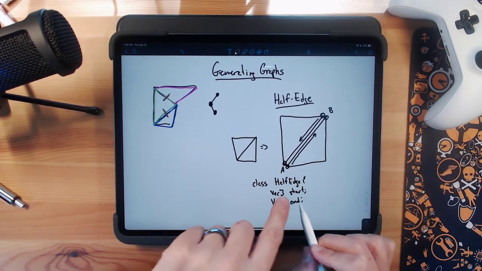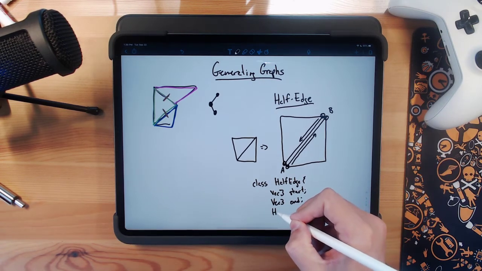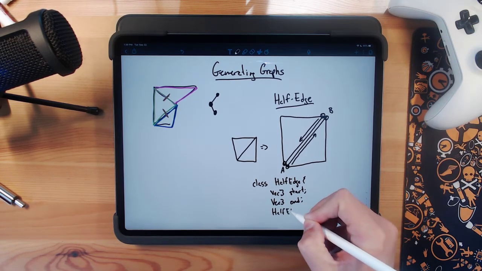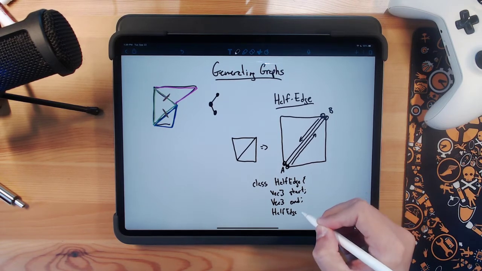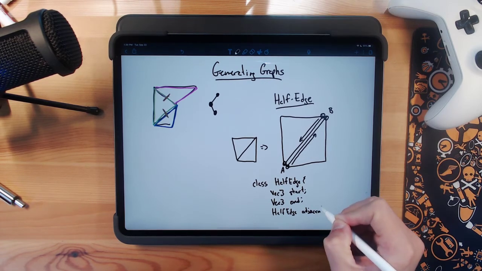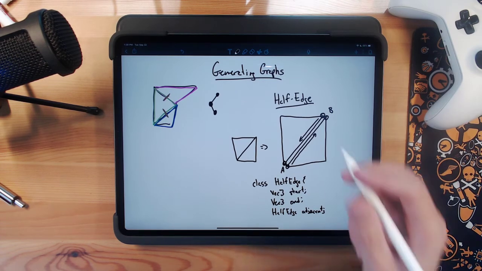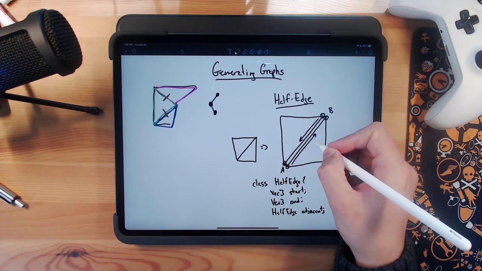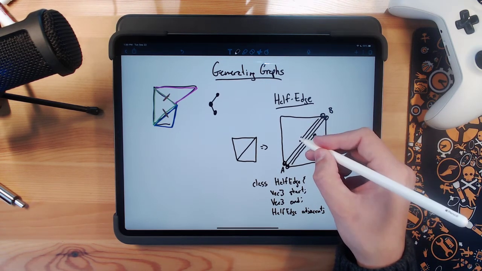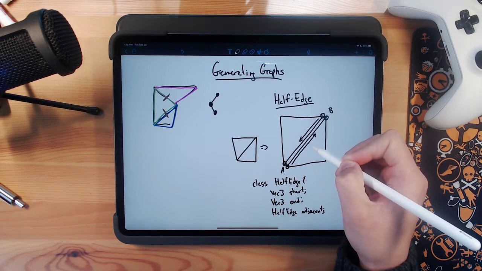And then the other thing that it would have is also a reference to another half edge. You can call this the other side or adjacent. This reference to the other half edge on this edge would store a reference to the opposite edge. On the top edge, it would store a reference to the bottom half edge.